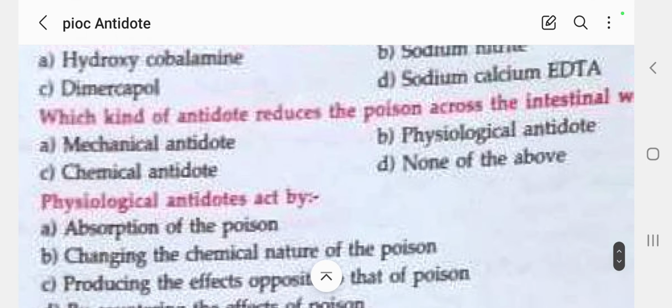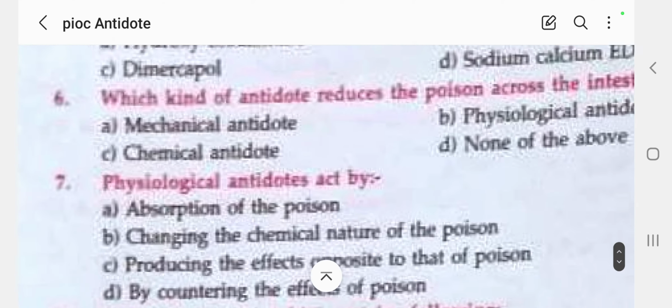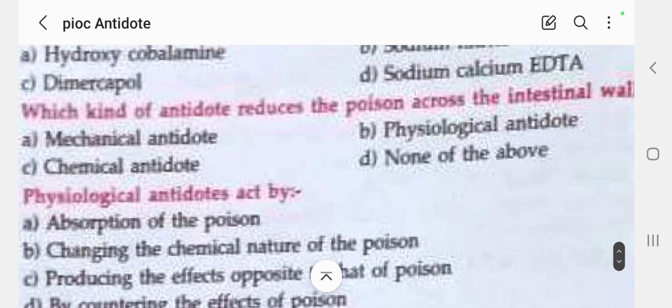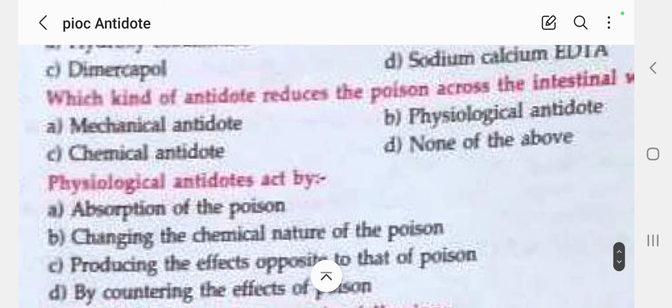Okay, next: which kind of antidote reduces the poison across the intestinal wall? You should understand the question properly. I already told you, like activated charcoal, which will prevent the absorption.